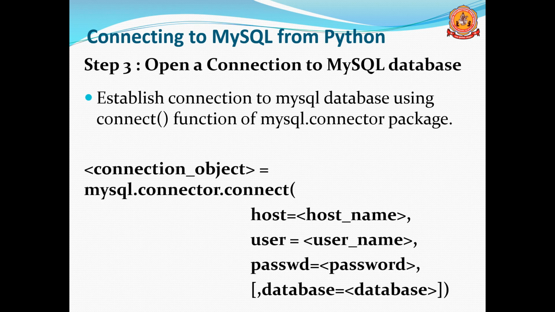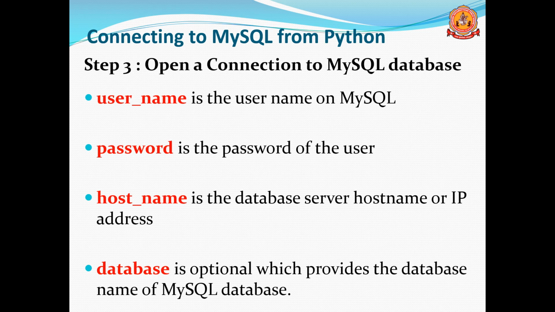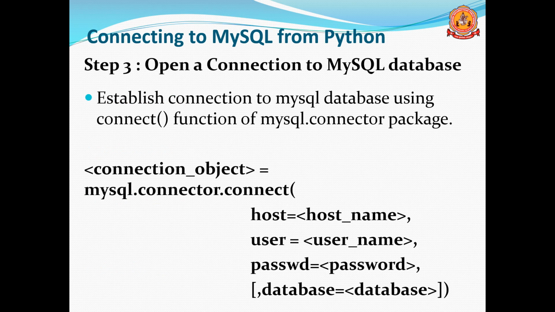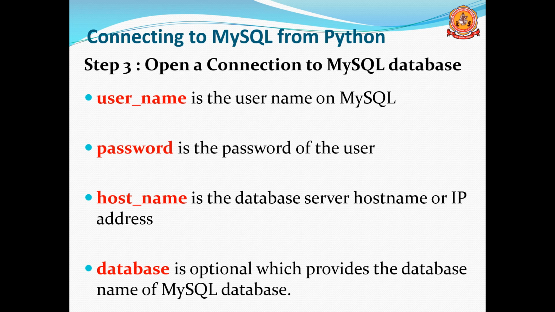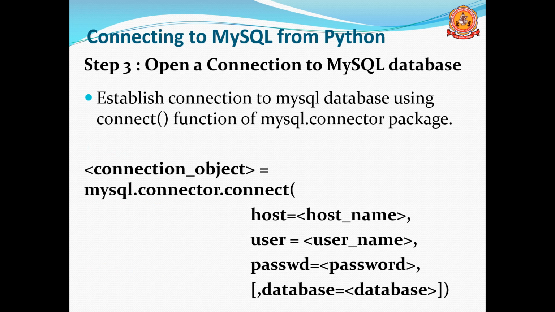All the connection will be stored in the connection object. In this example, username is there, then password, the next one is host name, and database. These are the 4 arguments for the mysql.connector.connect function. Whenever you use the connect function, remember the package name should be used.